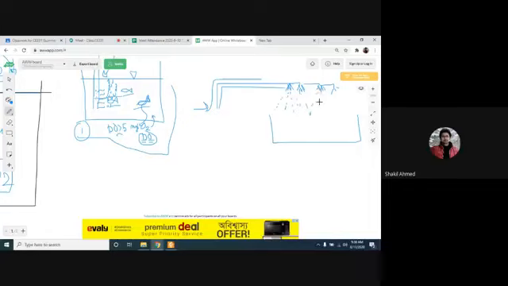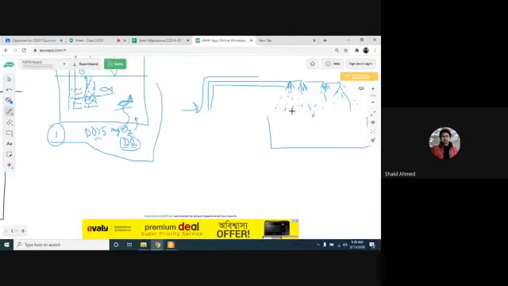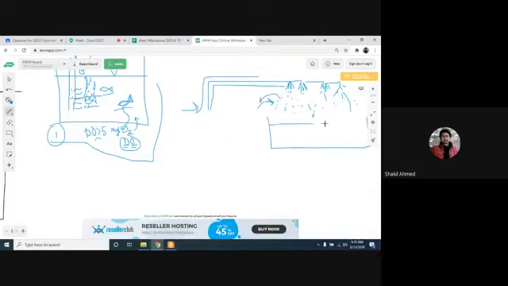Then air is getting in contact with water, and you're collecting them here. So this is dispersing water into the air.